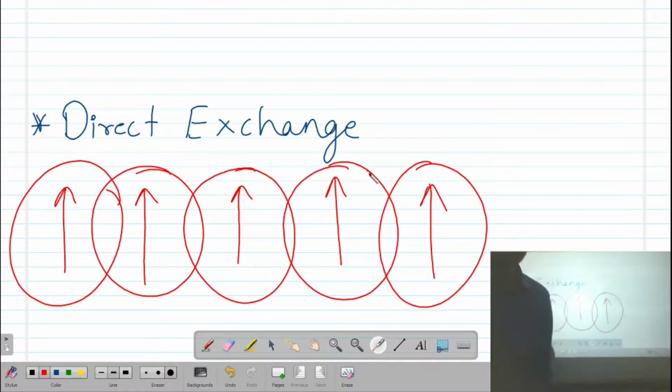Now let us also see the definition and what it is saying.